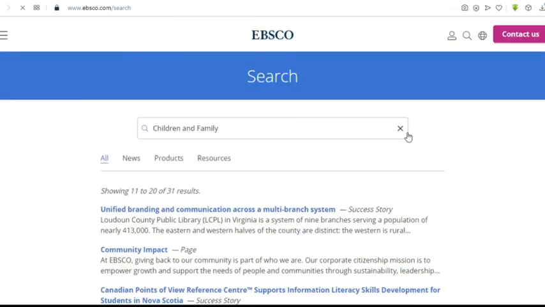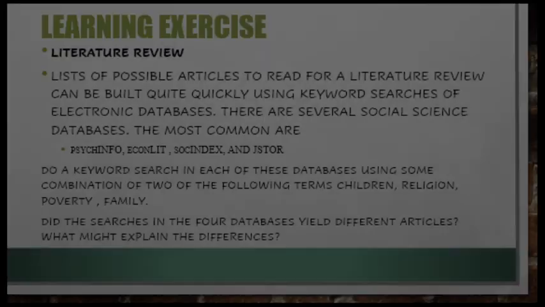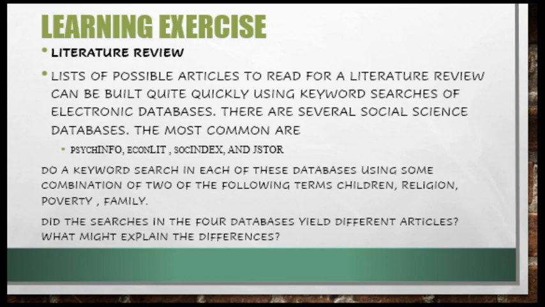So what you're going to do is to check if the articles or titles of materials that appear in these four databases are different or the same.